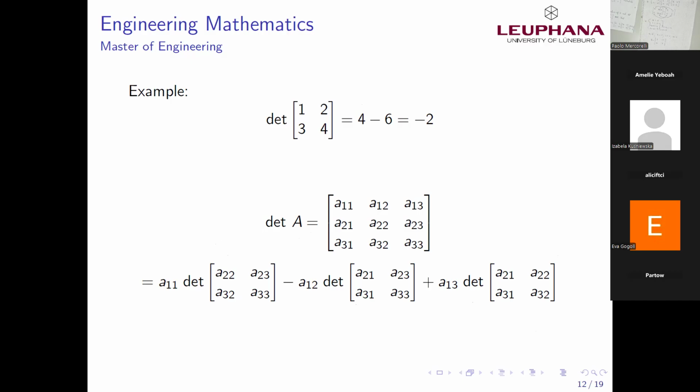Look at the definition. The definition says sum. We have a sum of 3 elements: this block here, plus this block, plus this block. Why 3 elements? Because n equals 3. The dimension of the matrix is 3. I told you the dimension is the number of rows equals the number of columns: 3 rows, 3 columns.